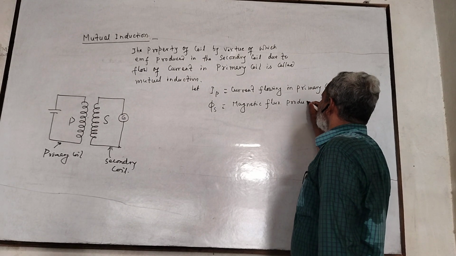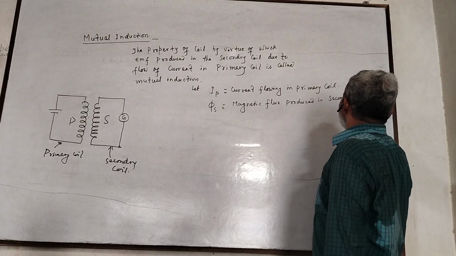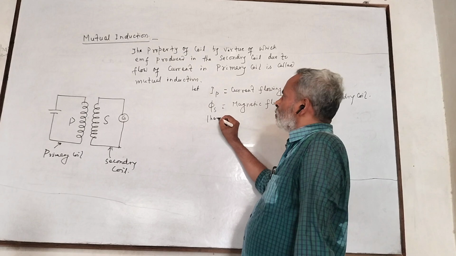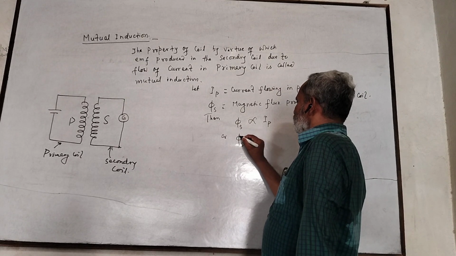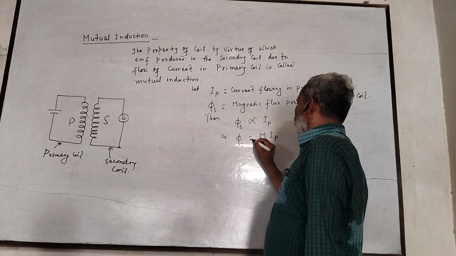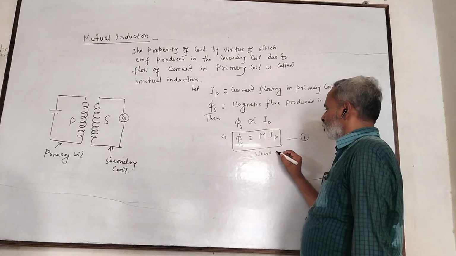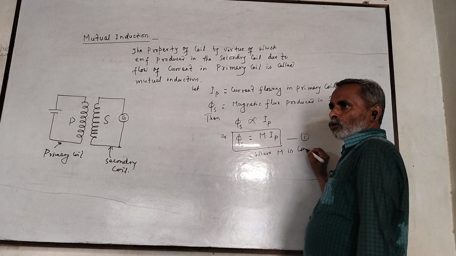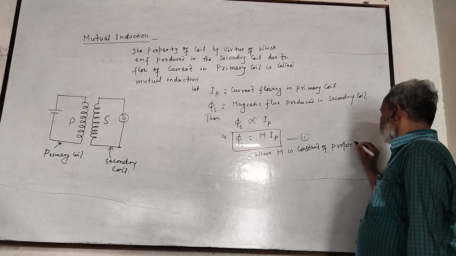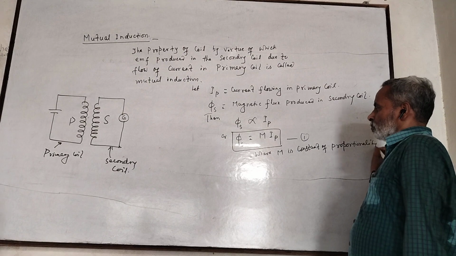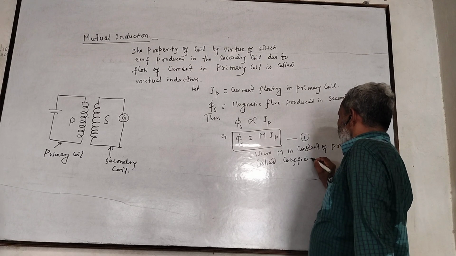Then phi S is proportional to IP, or phi S equals M IP, where M is the constant of proportionality called the coefficient of mutual induction, or mutual inductance.